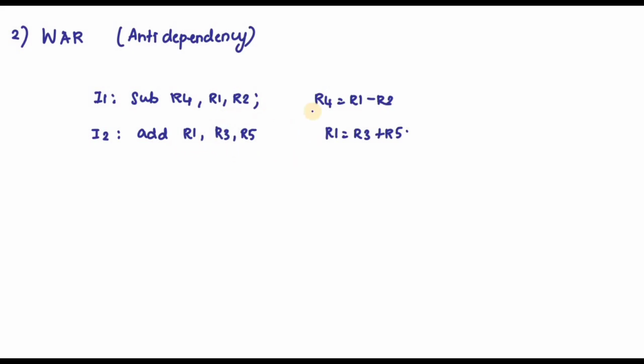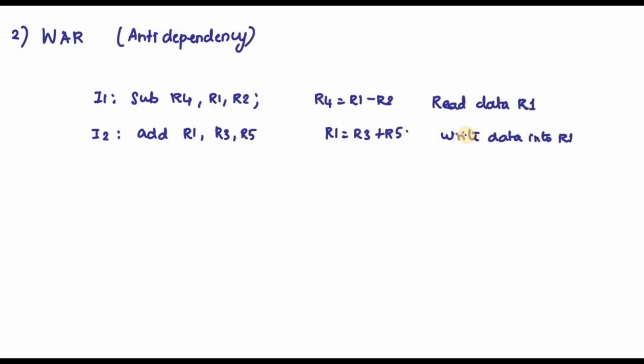You can see the first instruction tries to read the data from R1 minus R2, and it will be stored in R4. So this instruction reads the data from R1. What the add instruction is doing, it will write the data into R1, right?